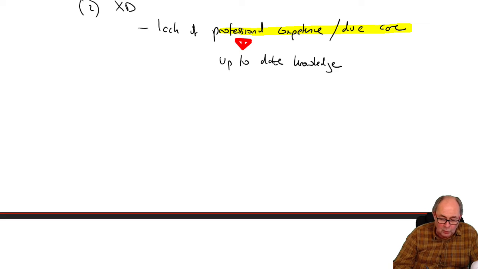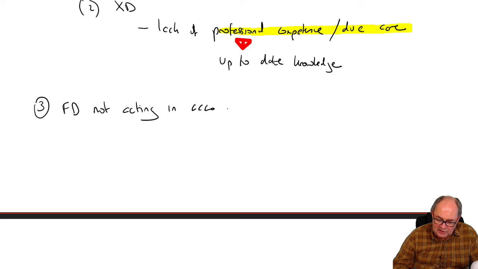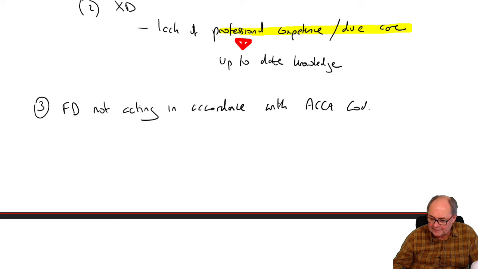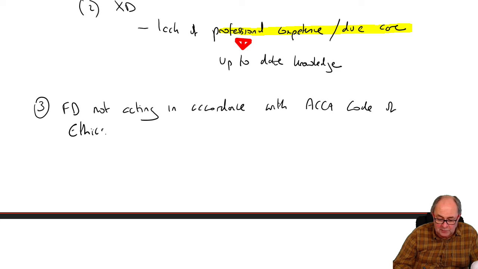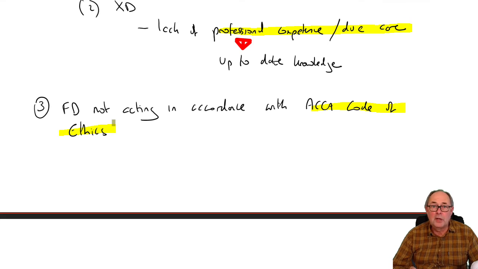So I can also mention that again, the FD is not acting in accordance with the ACCA Code of Ethics. Will you get a mark for that? Well, only if you type it. If you miss it out, you won't get it, but otherwise you'll get a mark. Half a mark? No, a mark.